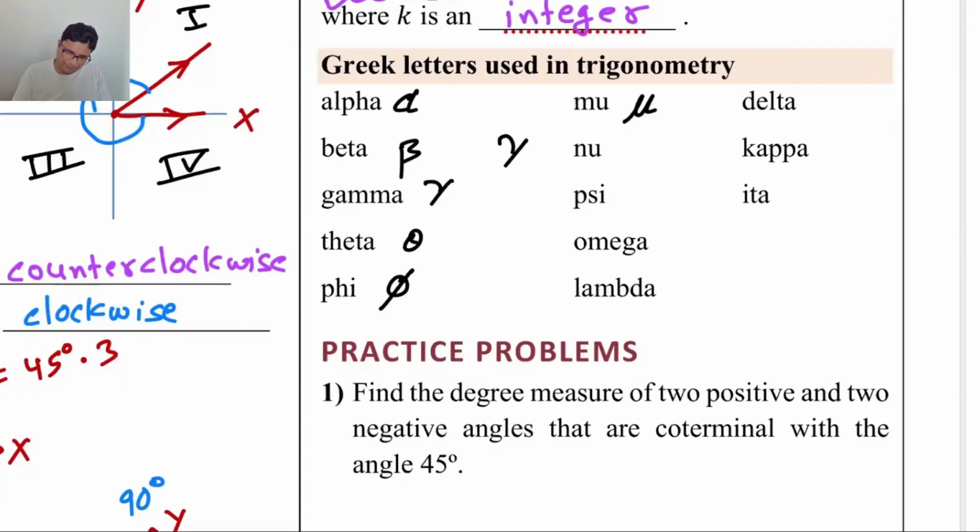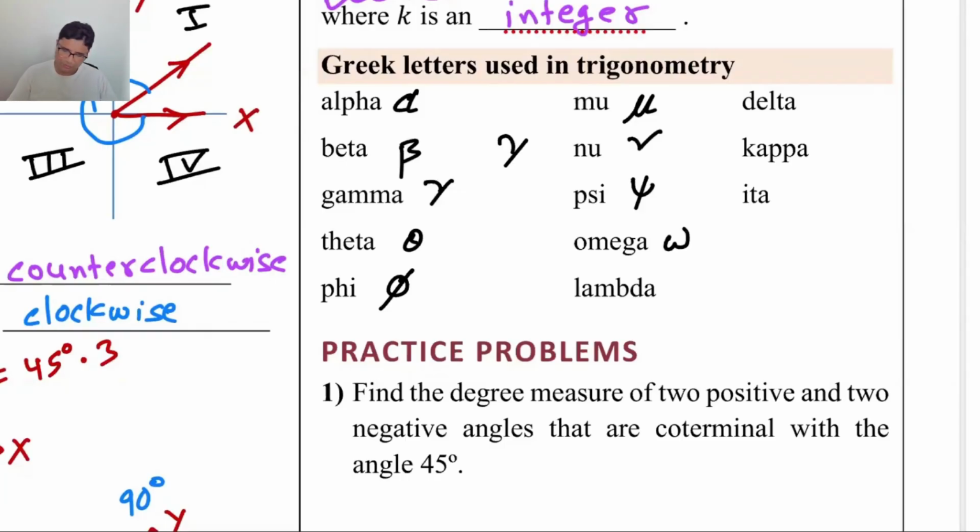Nu, how do I write it? Looks like a V. Basically V in Greek is nu. I don't think I did a good job there. Again, you see some print versions. Xi.